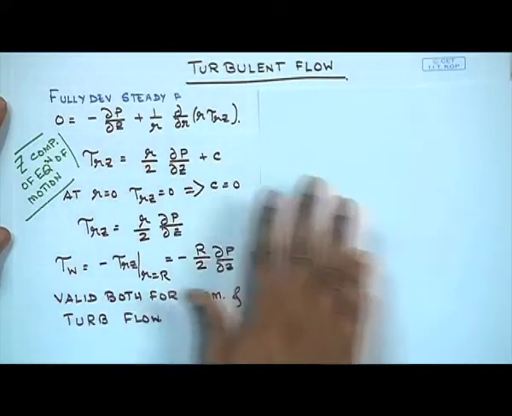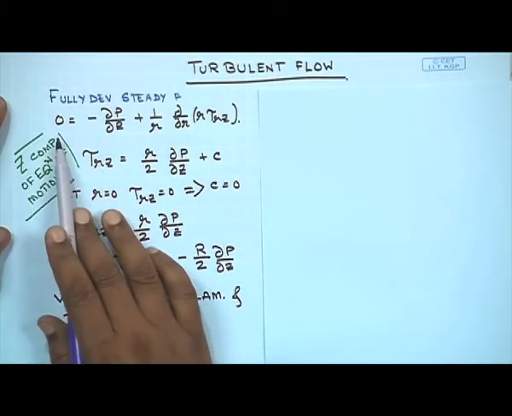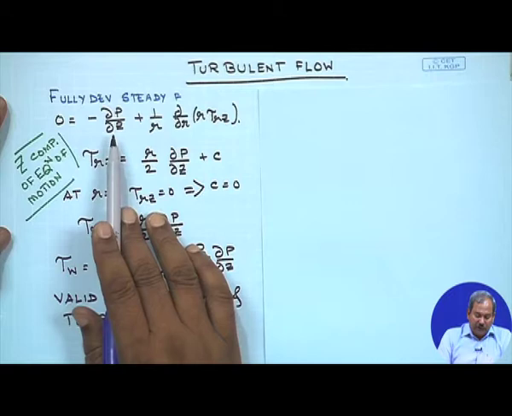If one writes the Navier-Stokes equation, the z component, the axial component in a cylindrical coordinate system for steady, fully developed flow in a horizontal pipe, the form of that equation would look something like this, where all the convective terms are going to be 0.